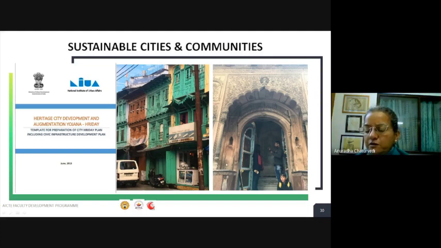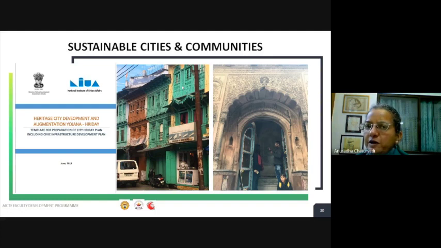So, as part of the recent initiatives which have been remarked upon by UNESCO also, from June 2015 onwards, the Heritage City Development and Augmentation Yojana, the HRIDAY scheme, was an extremely important initiative towards achievement of the Sustainable Development Goals.